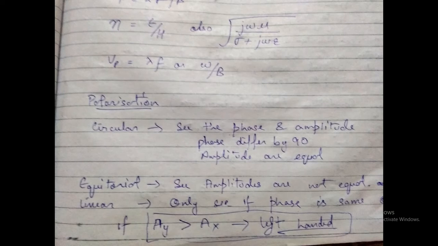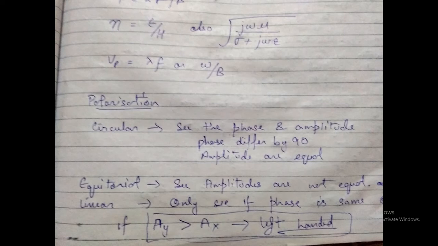The first thing is seeing the phase, and if there is a phase there will be an x component and a y component in every equation. If there is not, then you can directly say it's linear polarization. Now if there are x and y components, then it can be linear, elliptical or circular.